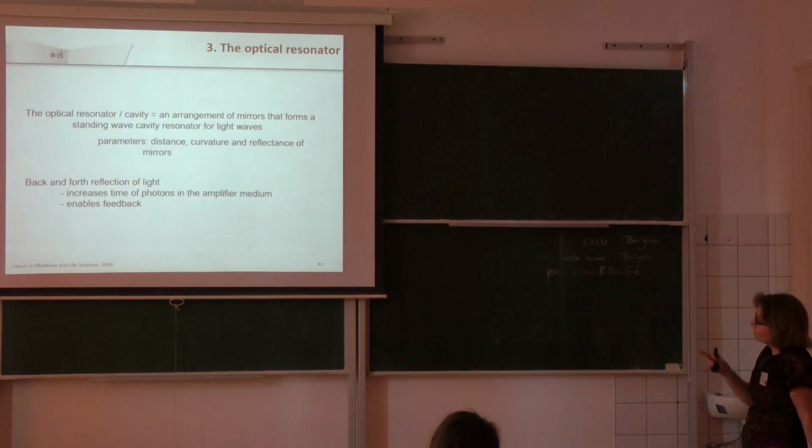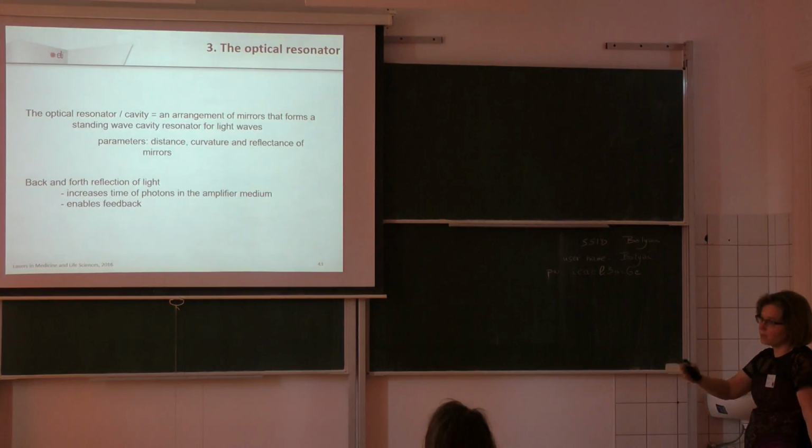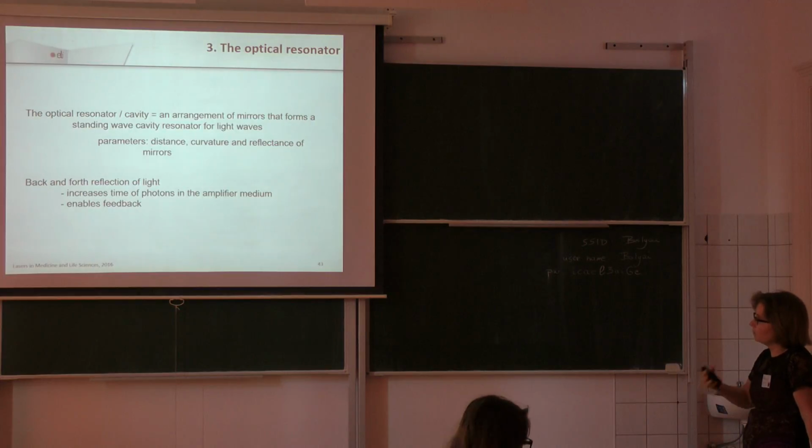So the optical resonator, or it's sometimes also called cavity or oscillator, is an arrangement of mirrors that makes the light bounce back and forth to increase the number. So it's a feedback loop. It increases the time the photon spends in the active medium for sufficient amplification.